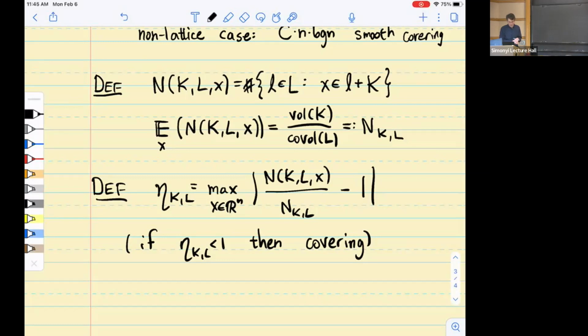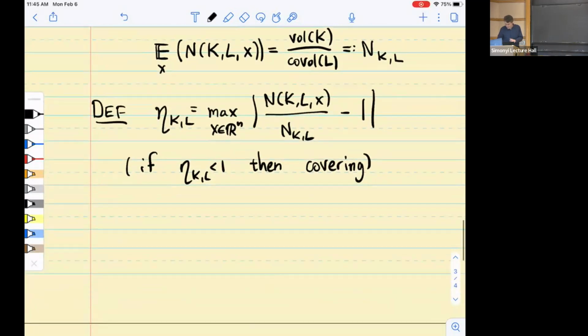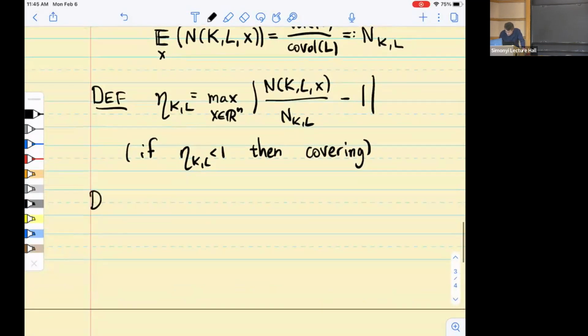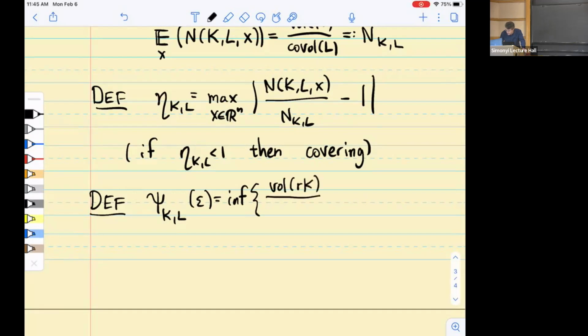Let me first state the theorem, and then we can talk about how we prove it. This is the eta, how much we deviate from being truly uniform. And the parameter we care about is called psi KL epsilon, and this is just the infimum of, just like before, the density, the volume of RK divided by the co-volume of the lattice, which is typically 1.